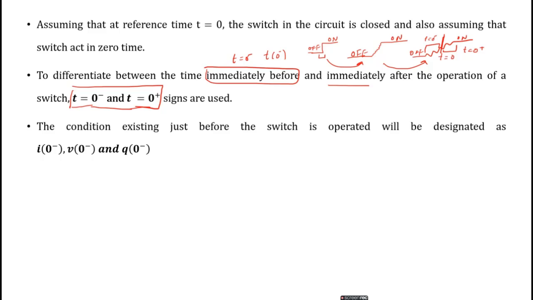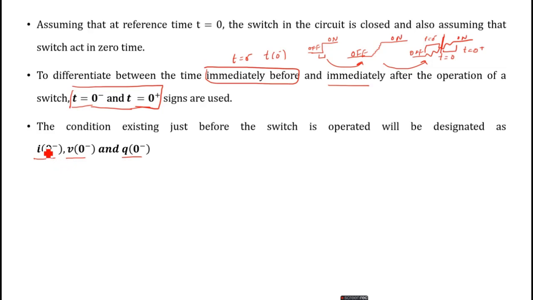Alright, now if we measure the parameters immediately before switching, they are all denoted with 0 minus: current, voltage and charge. Actually it is current, voltage and charge measured immediately before switching.